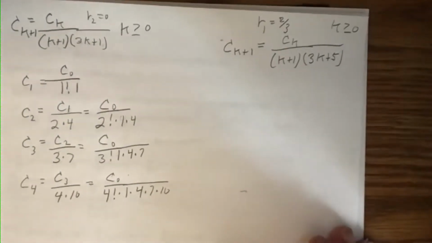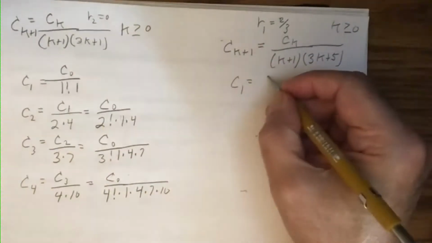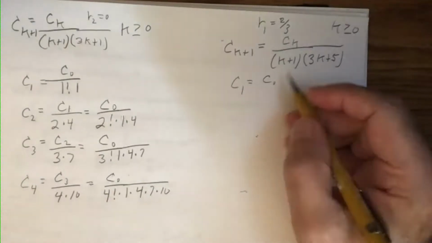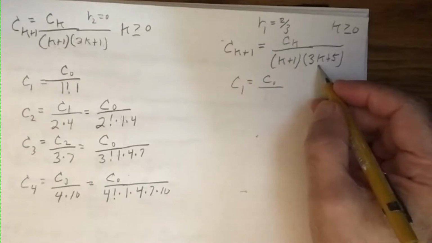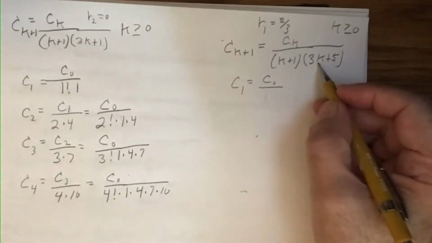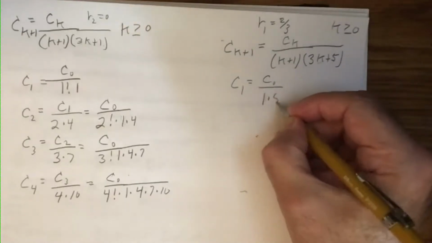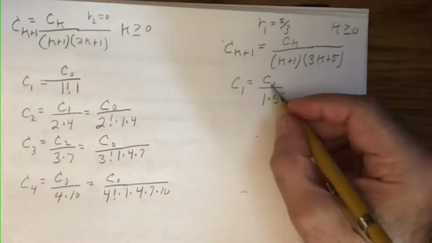Okay. So now for this one here, C1 is going to be C0. And when I put 0 in here, this is going to be 1, and then this is going to be 5, right? When I put 0 in here, I'm going to get 1 times 5. So that's my C1.